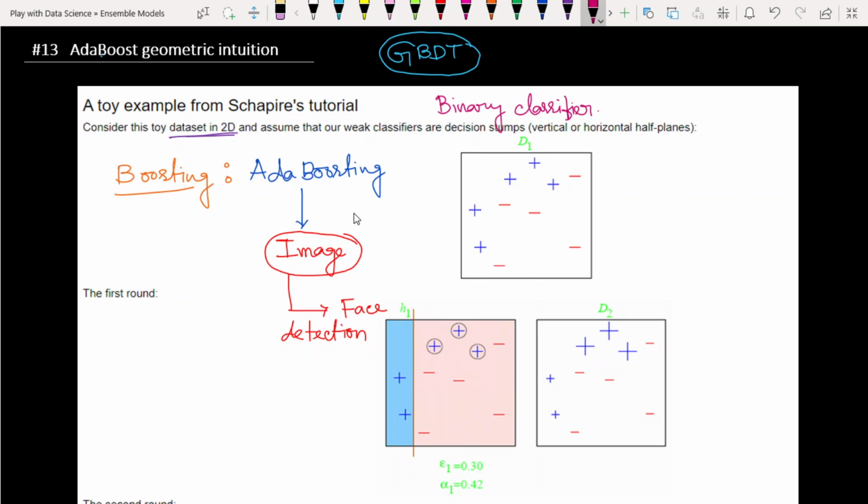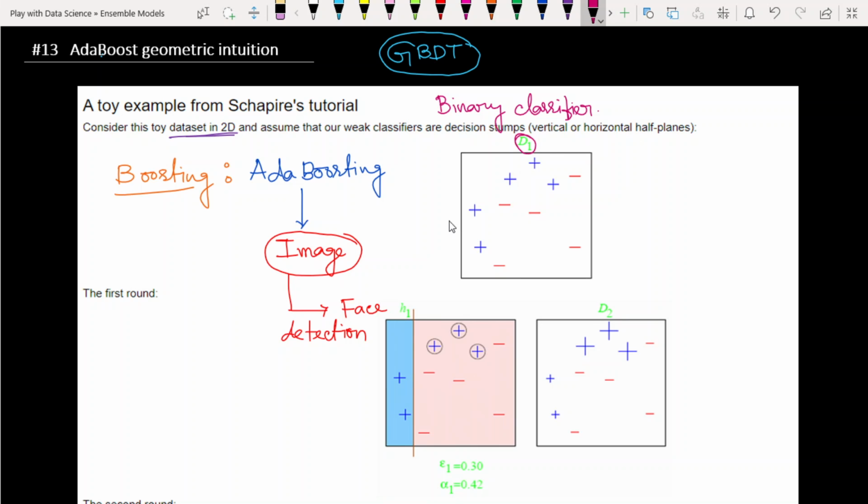Initially we have to build the model D1. In this initial stage, our classifier is so weak that it may be a vertical or horizontal divider that divides the whole plane into two parts.